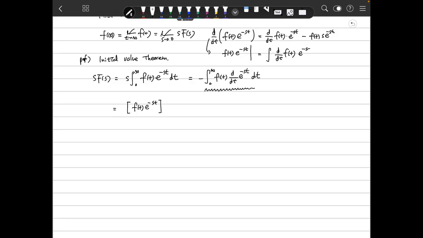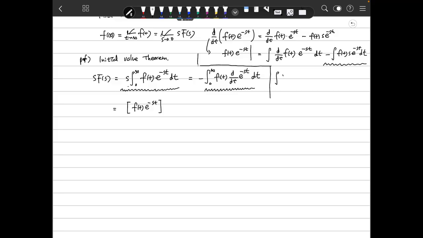Exponential minus st dt minus integral f(t) s e^(-st) dt. So that will be this. From here, we write this here.